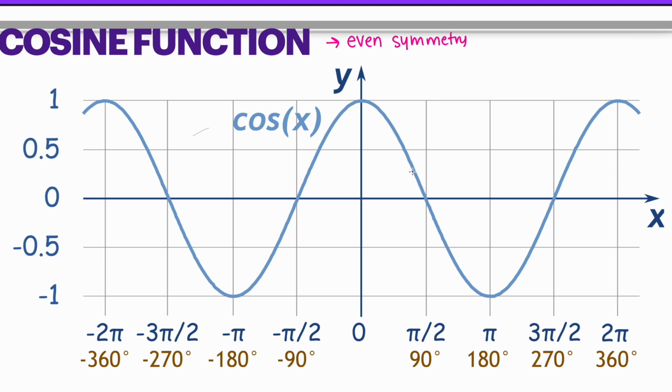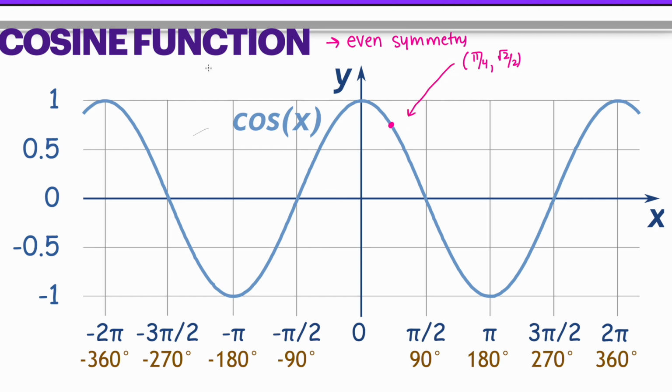Meaning, for example, if we were to find the point, so for example, at pi over 4 is the point square root of 2 over 2. So here at pi over 4, it's the point square root of 2 over 2.